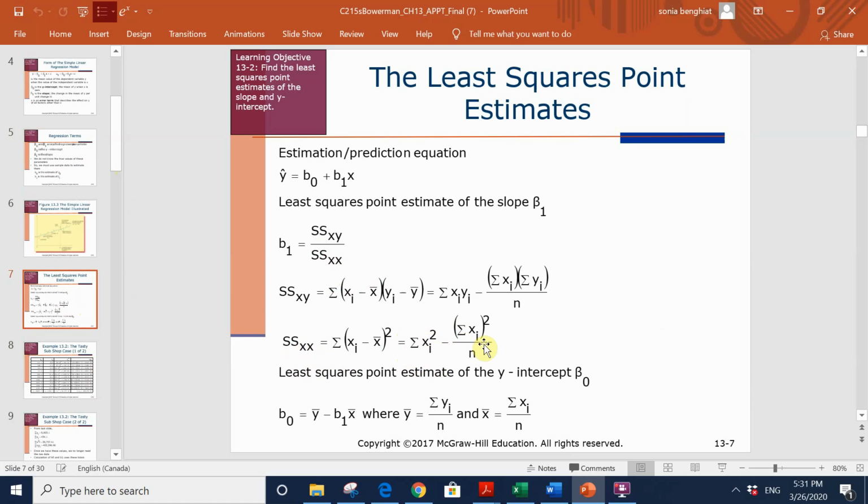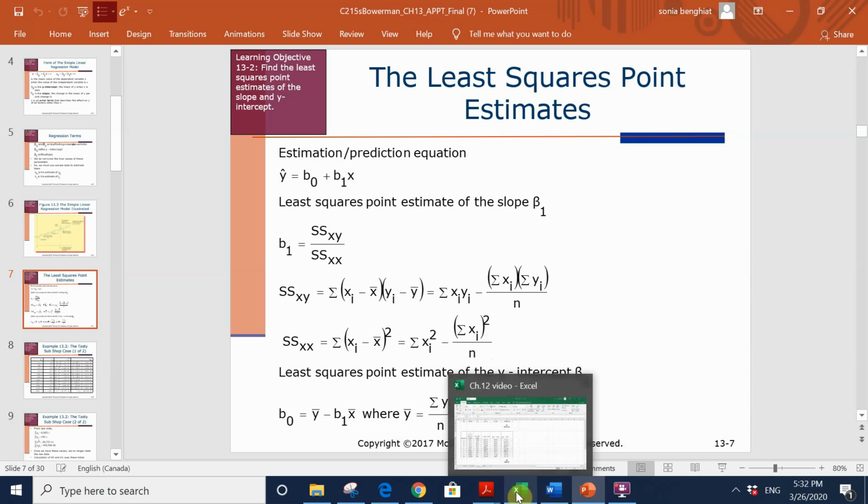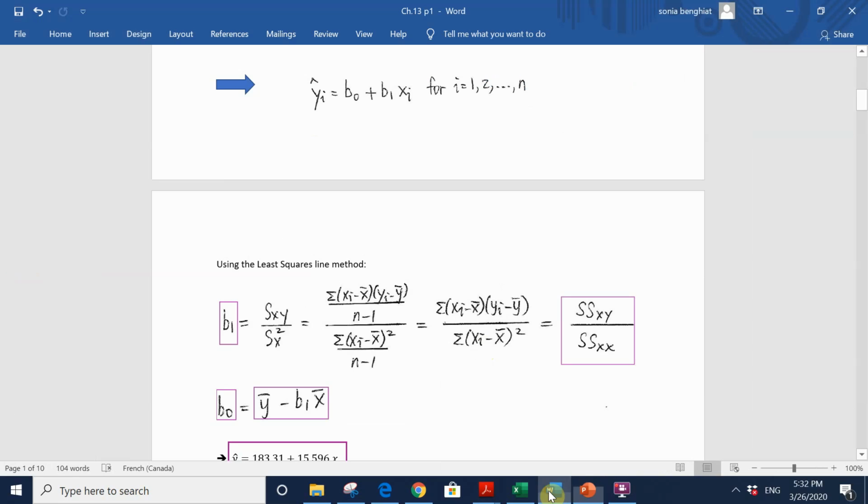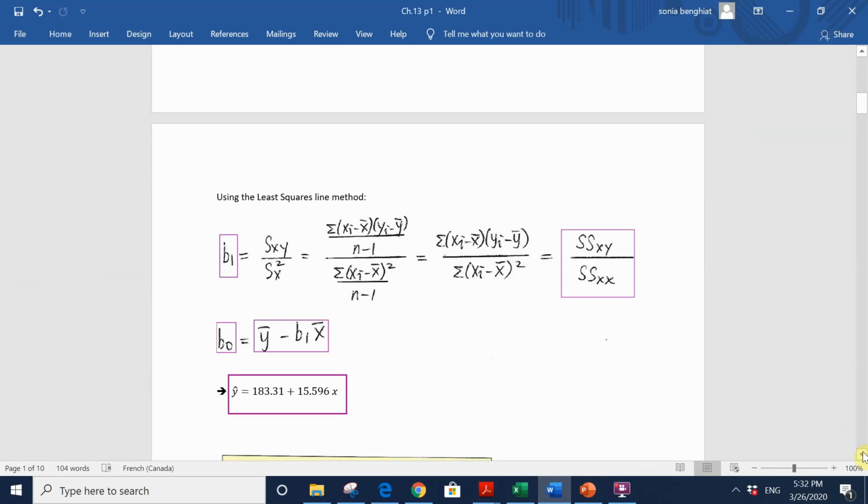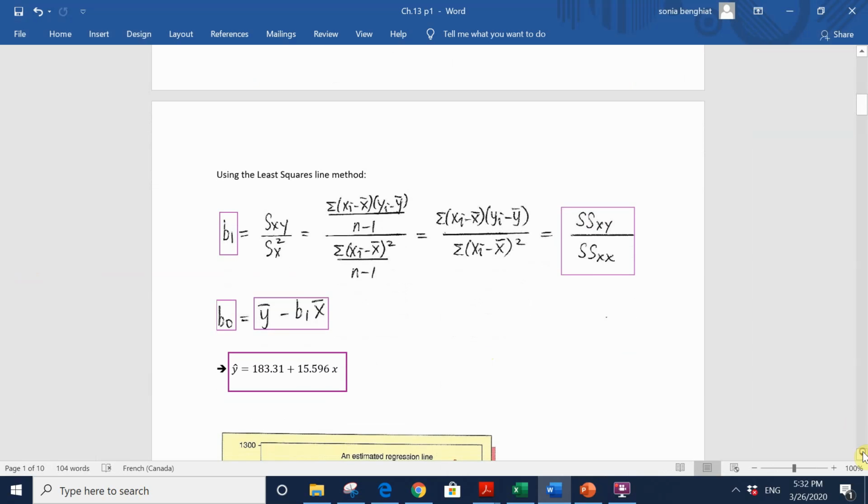Okay, so here we are. Now let's go back to our example right here. So after having used all these formulas and shortcuts, I now come up with my general formula, y hat.